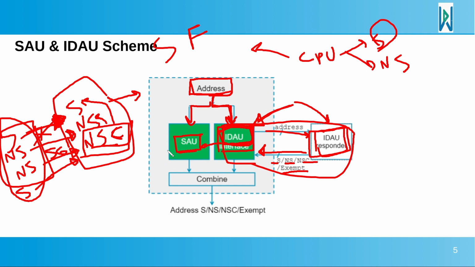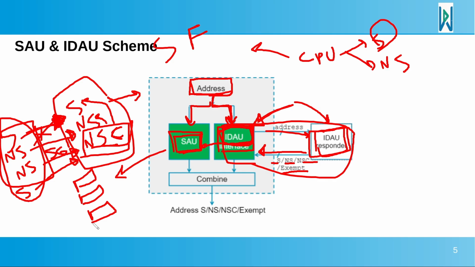However, to expose to the user the ability to configure regions to be secure, non-secure, or non-secure callable, then we have this SAU block. This one contains certain mapped registers that the developer can access.